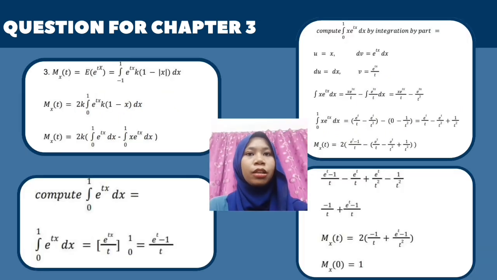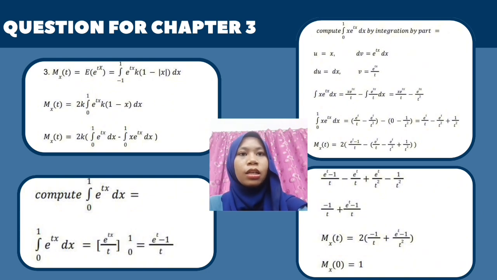Now I will explain how I calculate the moment generating function, or MGF, for the variable x. We start with the formula of the MGF, which is M_x(t) equals E of e to the power of tx. Since the probability density function is symmetric, instead of integrating from negative 1 to 1, we can simplify the work by integrating from 0 to 1 and multiplying the whole thing by 2.